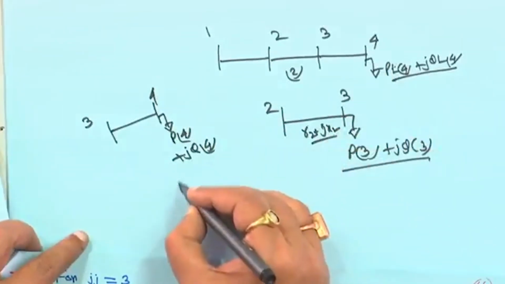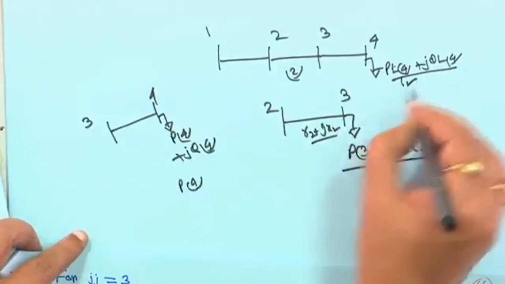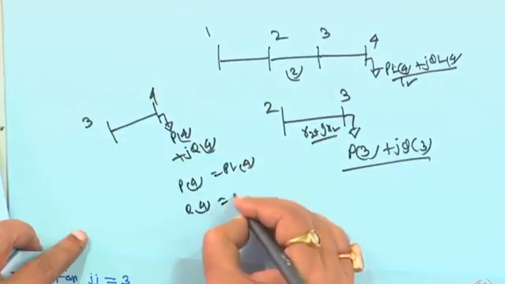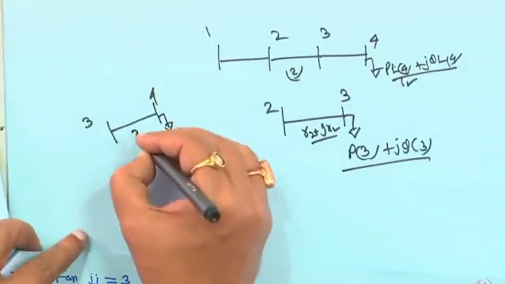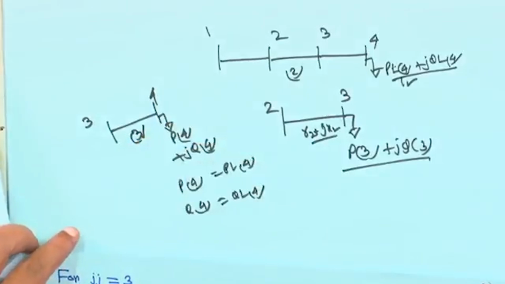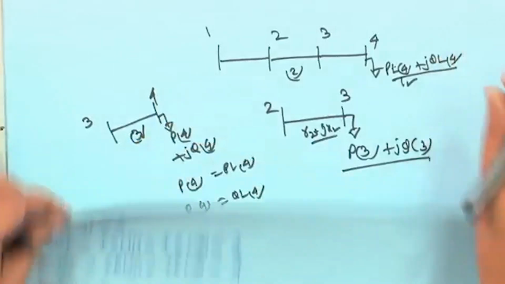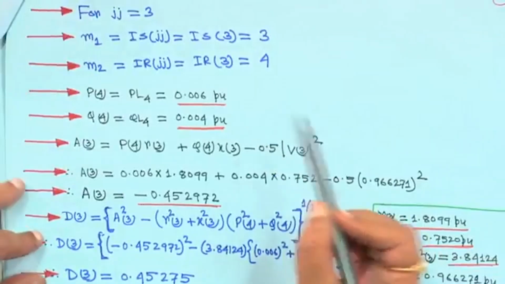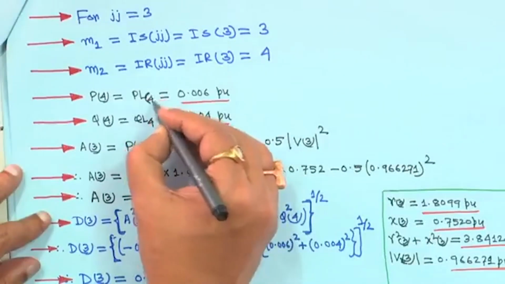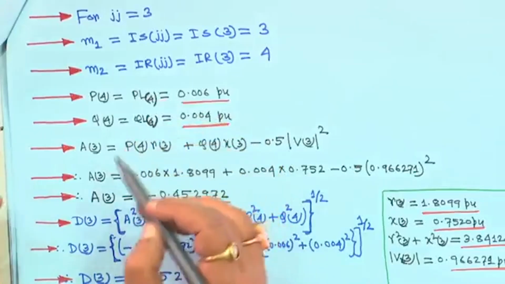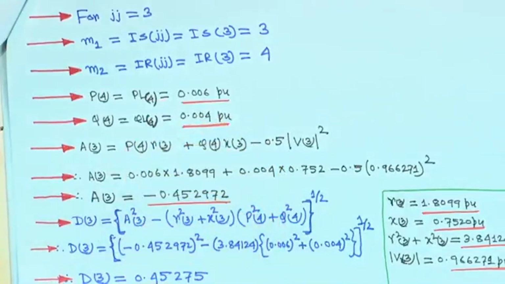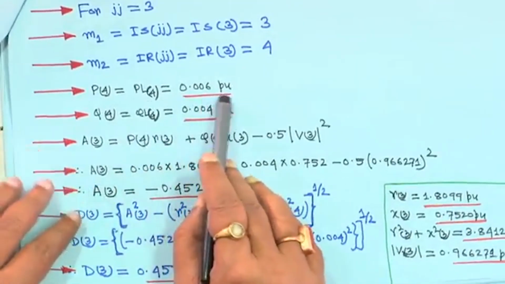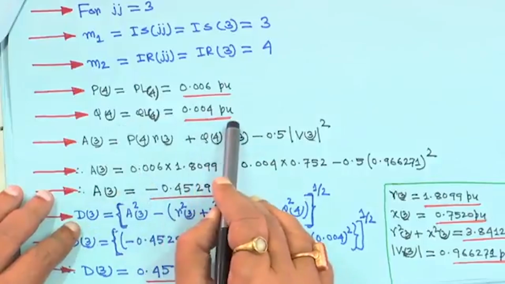So naturally P 4 will be equal to P L 4, similarly Q 4 will be equal to Q L 4, and this is the electrical equivalent of branch 3. If you want I can make it a bracket also, no problem, but whether it is a suffix or in brackets, they are the same. So, P 4 will be 0.006 per unit and Q 4 will be 0.004 per unit.